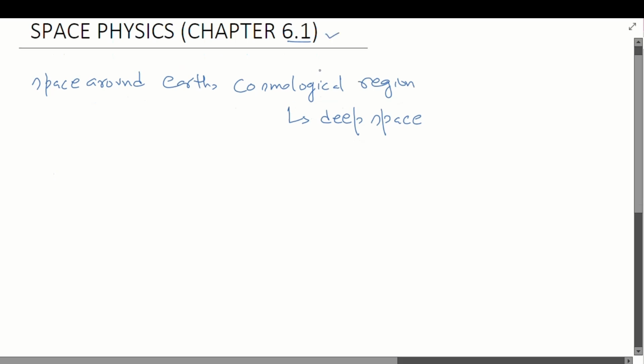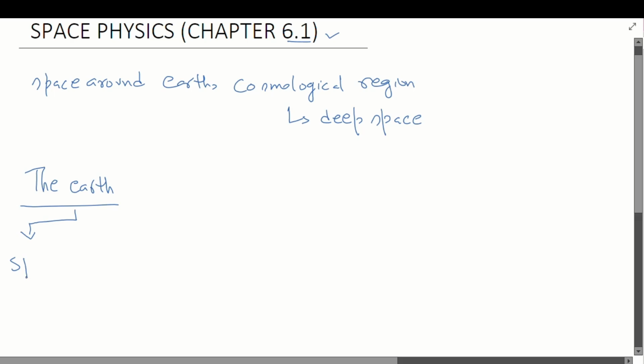So at the start of chapter 6.1, you will see the topic named the Earth. In this topic, we will cover the motion of the Earth around its own axis and around the sun. It means the Earth has two types of motion or rotation.